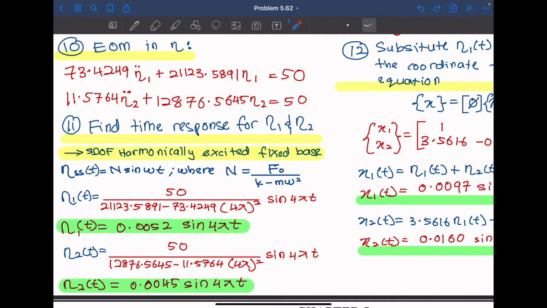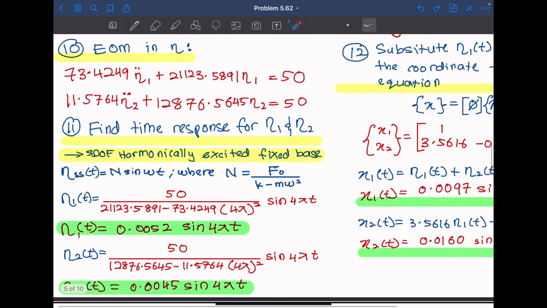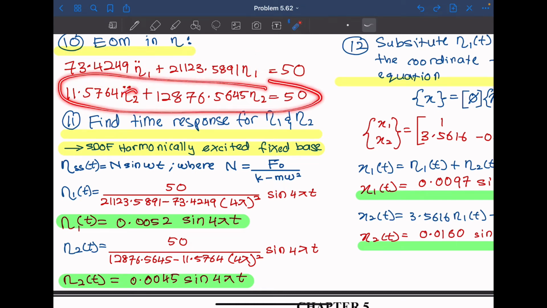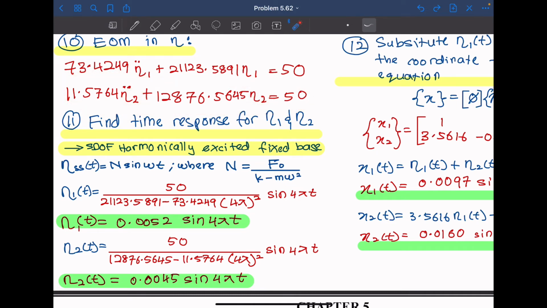This is actually the response for a single degree of freedom system, because as I've told you before, we do modal analysis because we want to decouple the 2 degree of freedom system into 2 single degree of freedom systems. So your first equation now only has eta 1, and your second equation only has eta 2. They are not coupled anymore. You've already decoupled them, so now they are uncoupled.